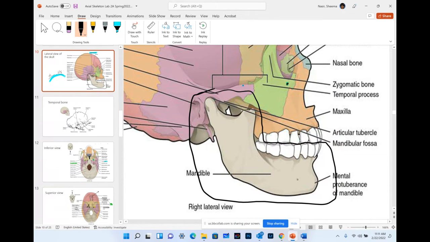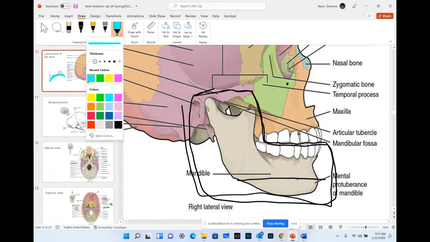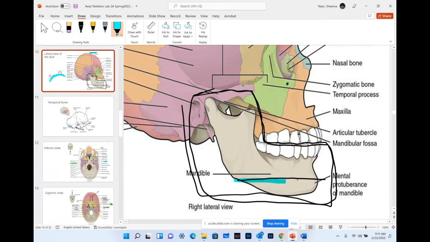So just so you know, if you look at it, it's L-shaped. Do you see that? The horizontal of the L is the body of the mandible. Do you understand? The vertical of the L, that is the ramus. So what is ramus?